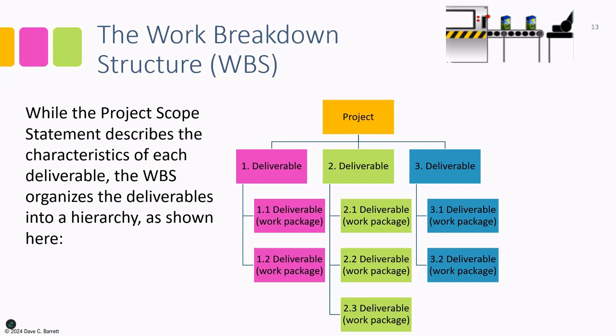This process of taking large deliverables, chunks of the project, and breaking them into smaller pieces is the basis of planning, so that at the end, we end up with a number of smaller chunks of work that are easier to manage and be able to work with.